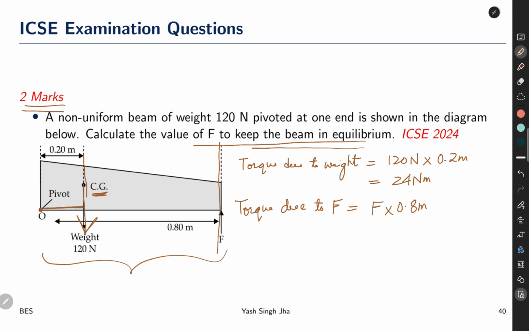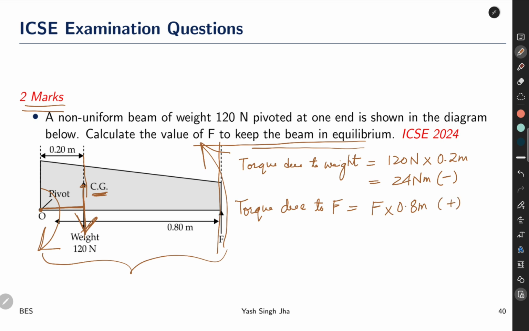Torque is a vector quantity. Torque due to weight tends to rotate the body in a clockwise sense, so this is a negative quantity. Torque due to F tends to rotate the body in an anti-clockwise sense, so it is a positive quantity.